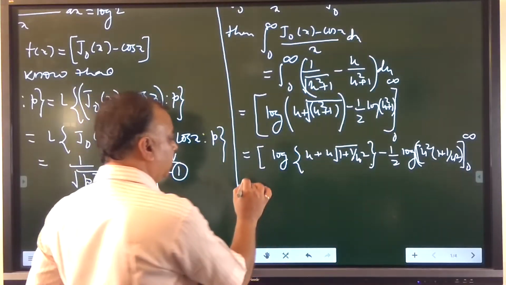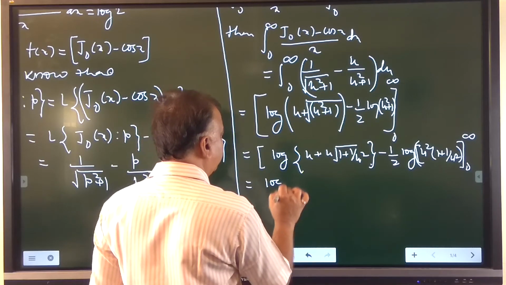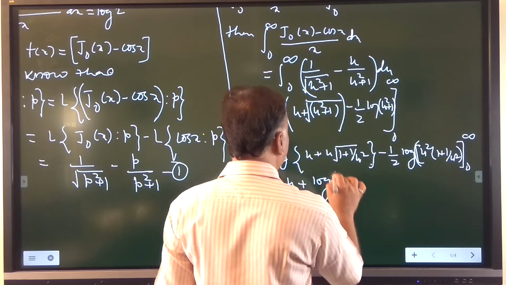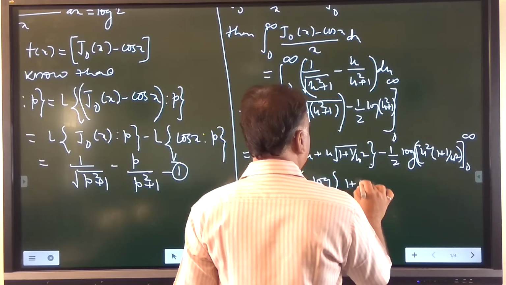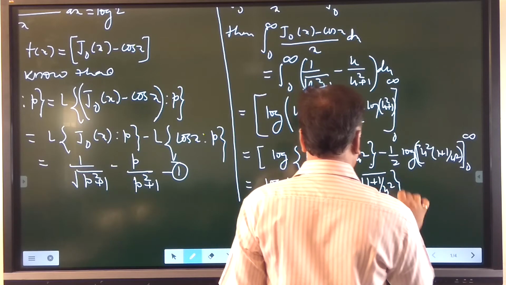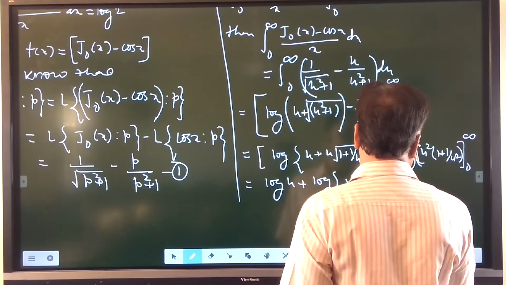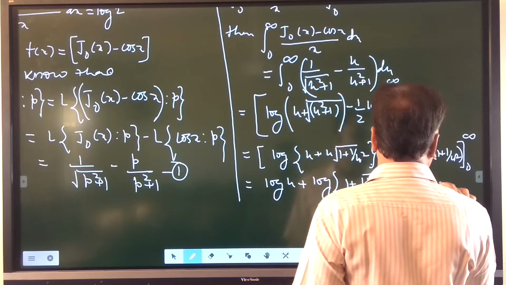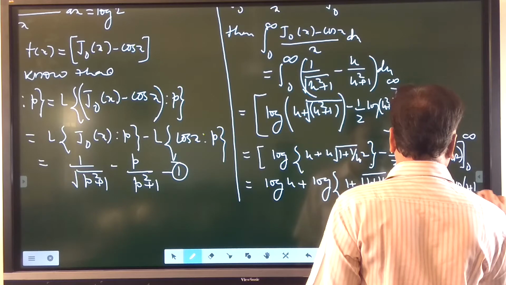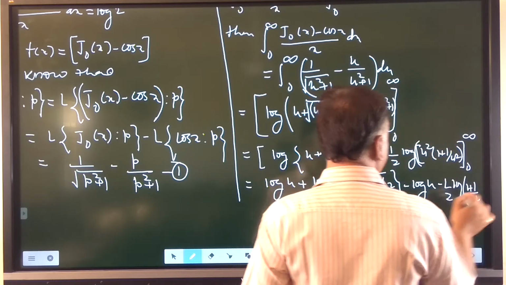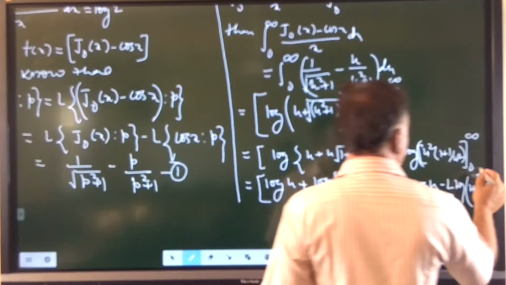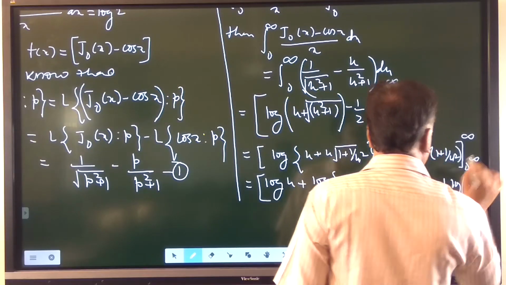If we solve this one, we get log of u plus log of 1 plus under root of 1 plus 1 upon u square, minus log of u, minus 1 by 2 log of 1 plus 1 upon u square, and the limits are from 0 to infinity.